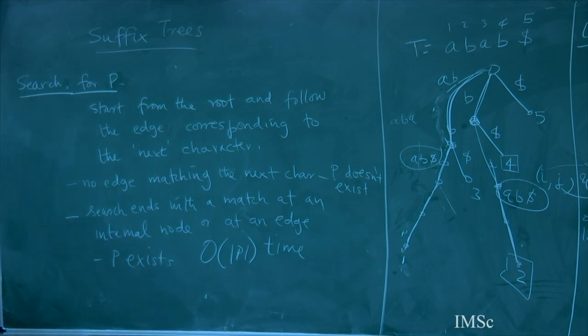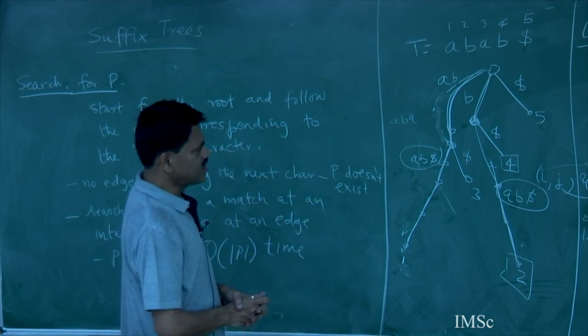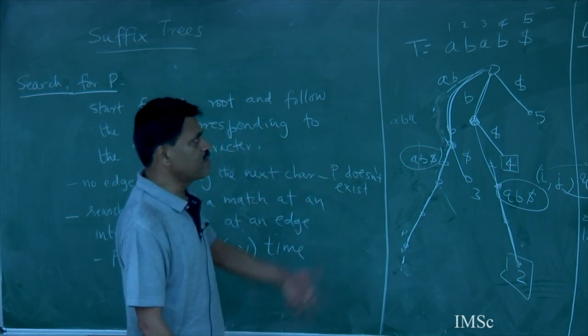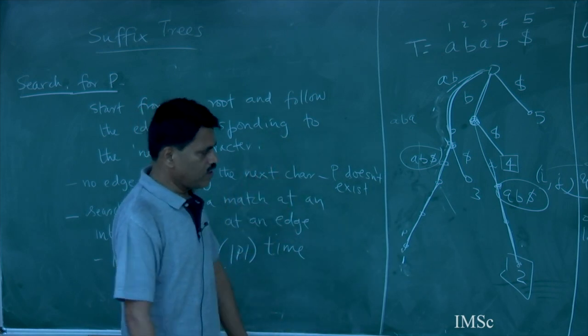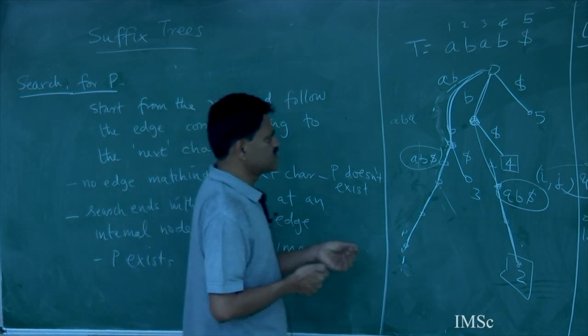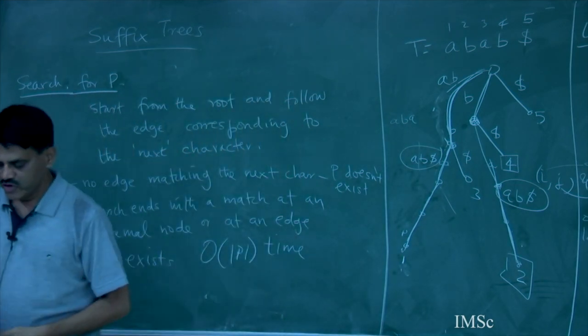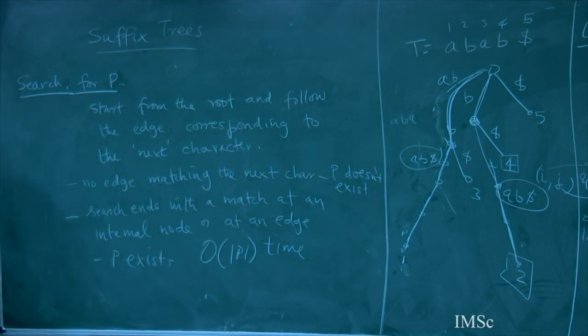By the properties of the suffix tree, the pattern is a prefix of some suffixes, and all the leaves in the subtree where your search has ended tell you all the positions where it appears. So, you just do a BFS or DFS of that subtree, collect all the leaves and output them.